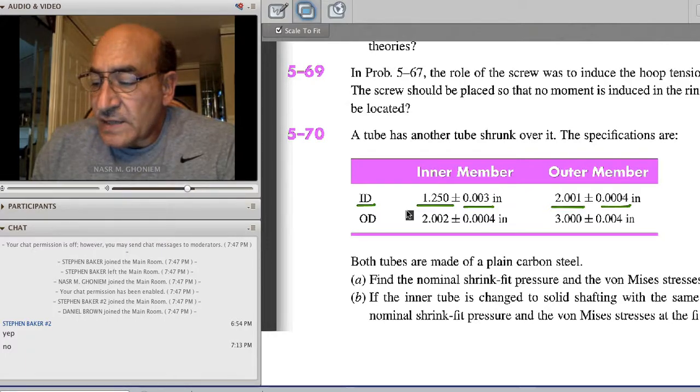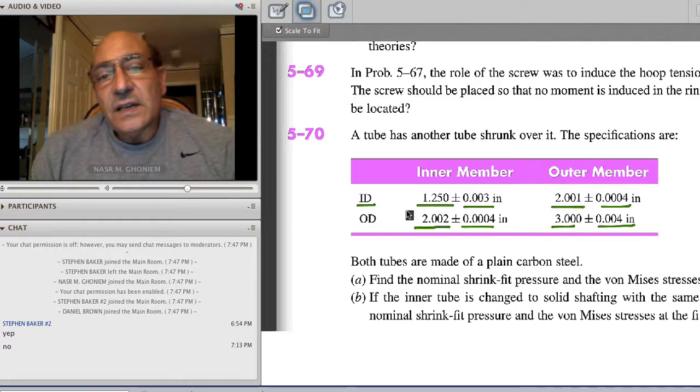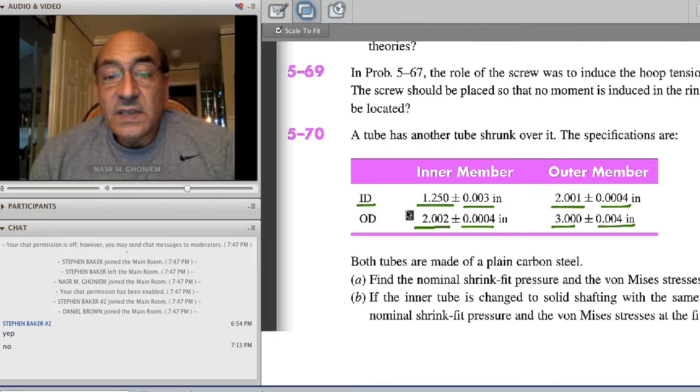And then the inner member has an OD, as you can see here, with the bilateral tolerances indicated there. So this is a real manufacturing issue. Like when you buy tubes, this is what you would get.